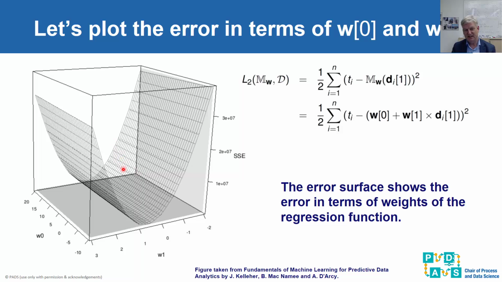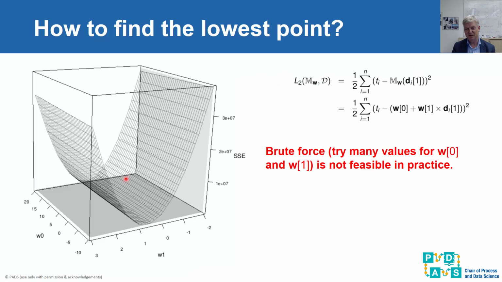And we basically try to find the lowest point for all possible combinations of W0 and W1. What you see is that the surface of this function is smooth, and that allows us to do the magic that we will do in a minute.